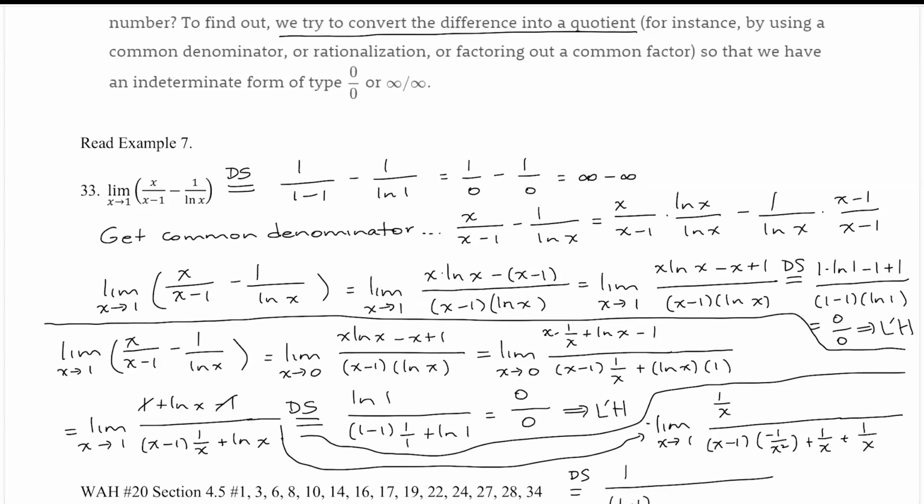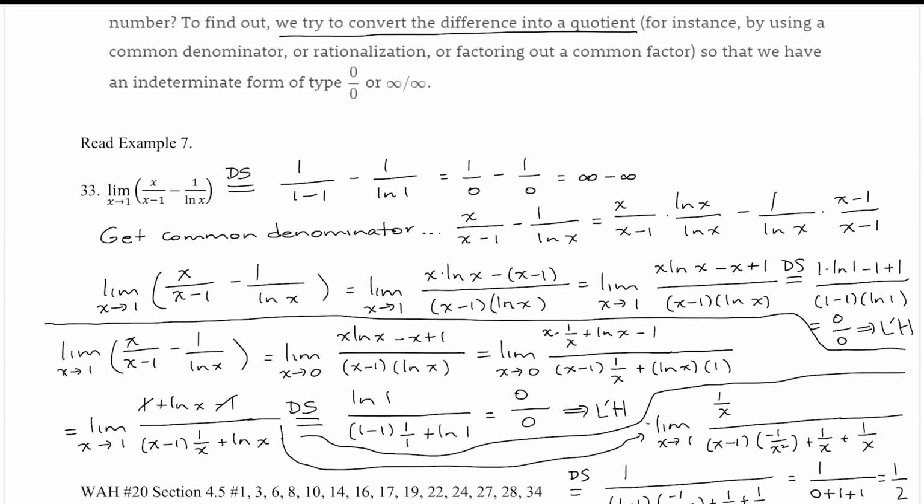And now I'm going to substitute. I've got 1 over 1 in the numerator, that's just 1. In the denominator, I have 1 minus 1 times negative 1 over 1 squared, plus 1 over 1, plus 1 over 1. That gives me 0 plus 1 plus 1, which gives me 1/2.